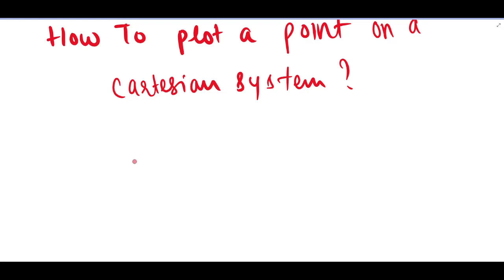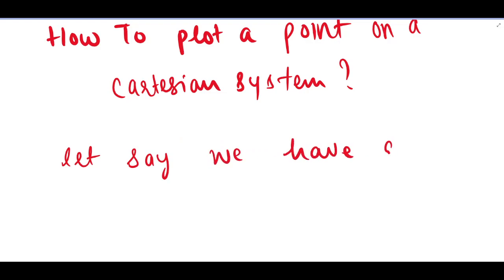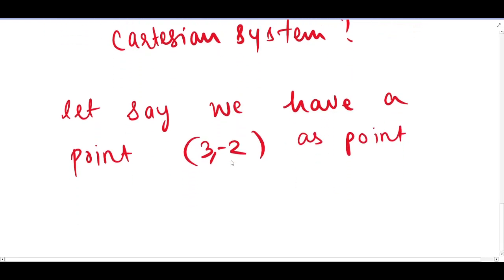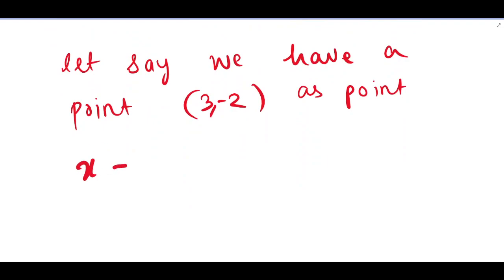So let's say we have a point 3 comma minus 2, where x is 3 and y is minus 2.